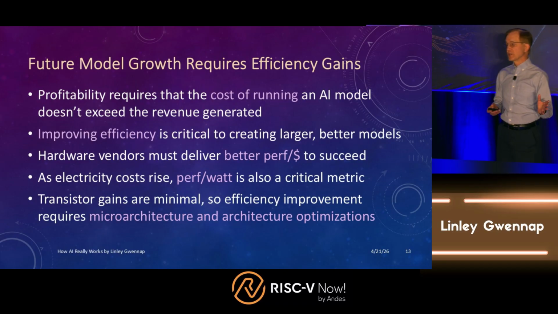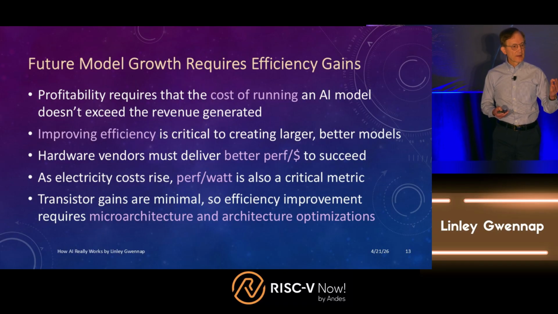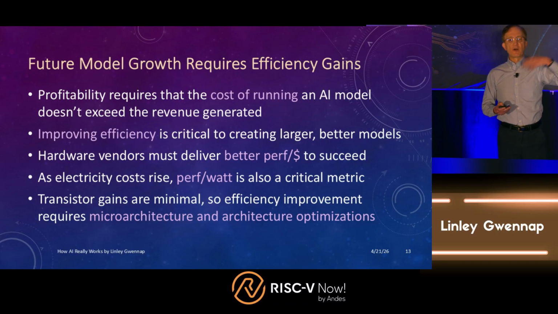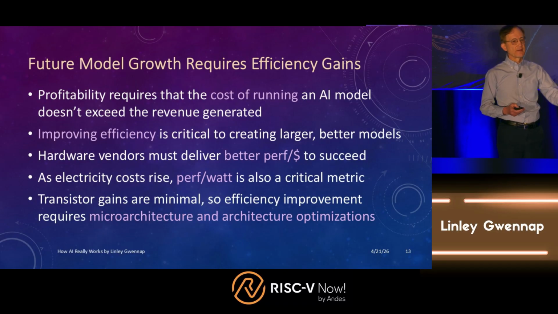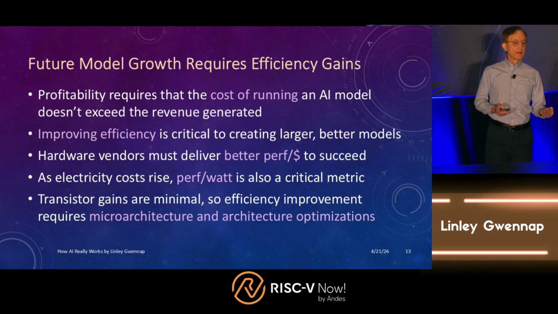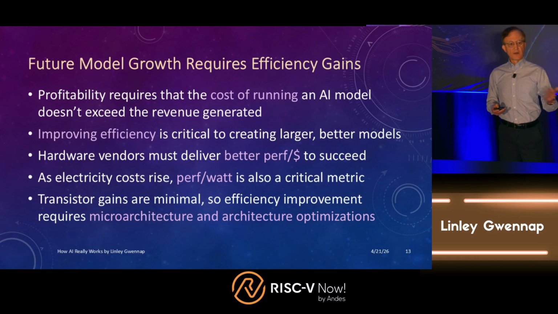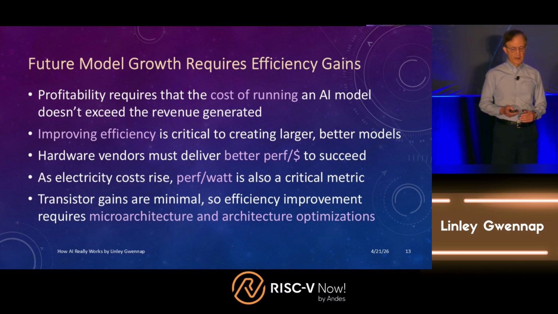Electricity is another issue, and so performance per watt is a crucial metric, and it sort of all rolls back into what is the total cost of ownership of the AI chip, because electricity is a part of that. Improving the performance per watt is also something that the customer is going to be very interested in.